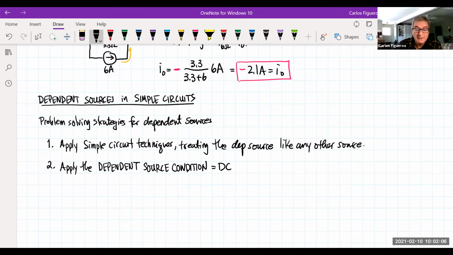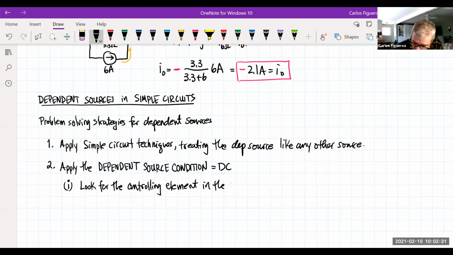There's typically a two-step process here. The first thing that you want to do is go into the circuit and find the controlling element and see how it's defined. So that means look for the controlling element in the circuit and see how it's defined.